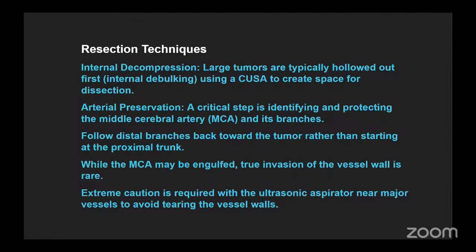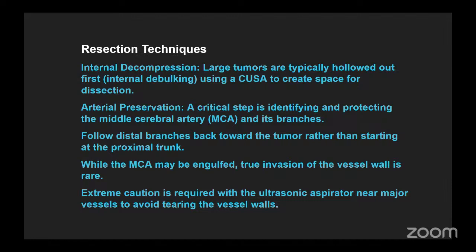For the meningiomas, we have the standard techniques. We do the devascularization, then we do the internal decompression. We maintain the arachnoid planes. While we are dissecting these lesions away from the vessels, we try maintaining the arachnoid planes. If we do not find the arachnoid planes, it's always a good idea to leave a rim of lesion around that vessel instead of sacrificing the vessel.